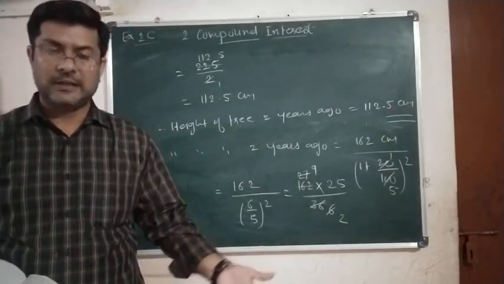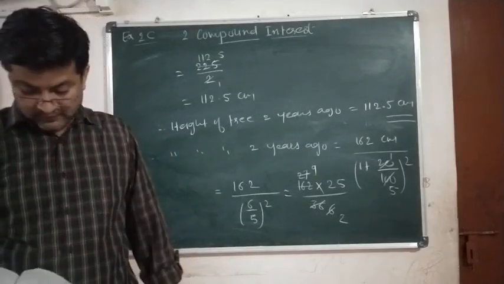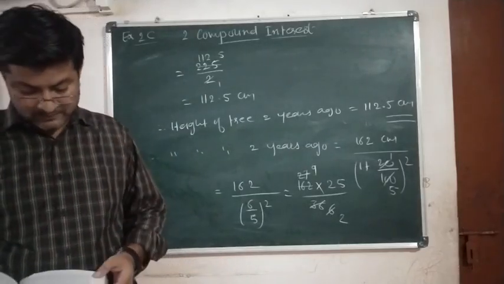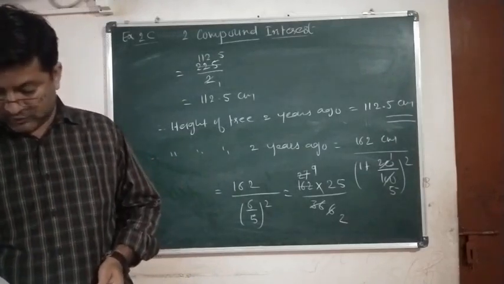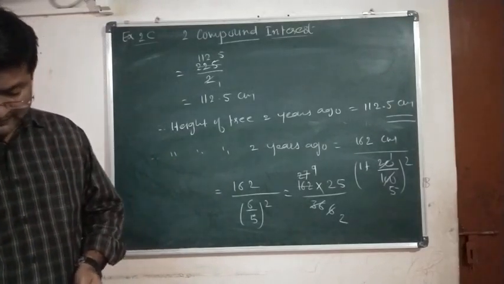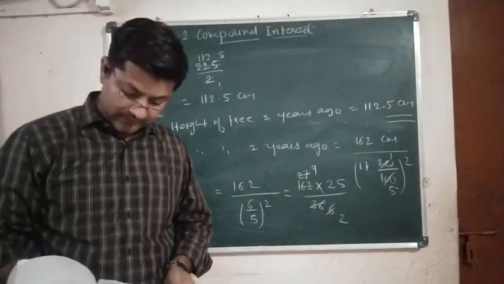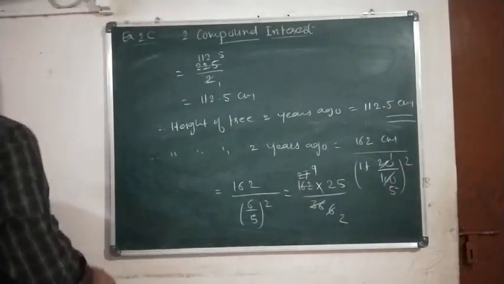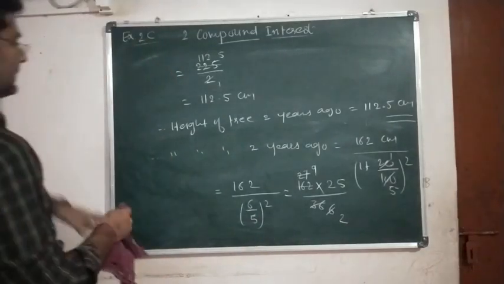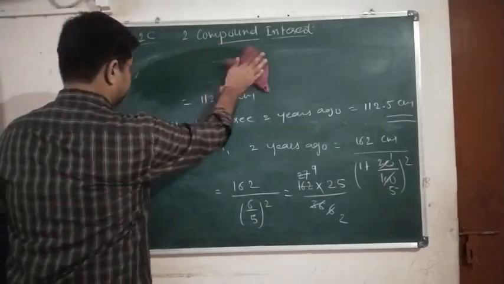In the next year, immediate year, there was an increase by 6%, and after that there was a decrease by 5%. So we have to find the present population. Population 2 years ago is given, that was 4,000. Okay. So now let us first write down the details which are given in the question.